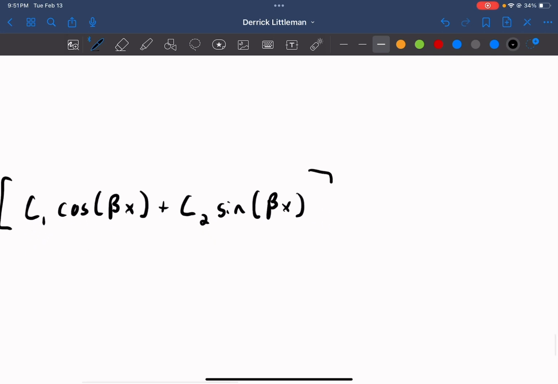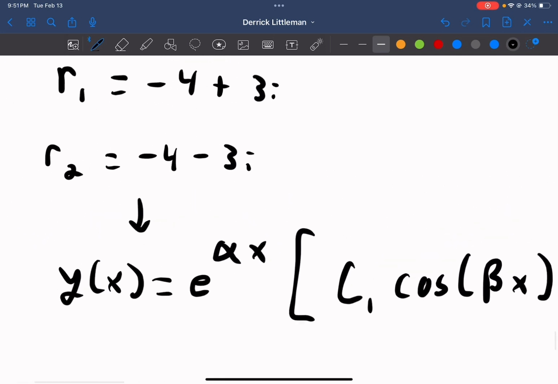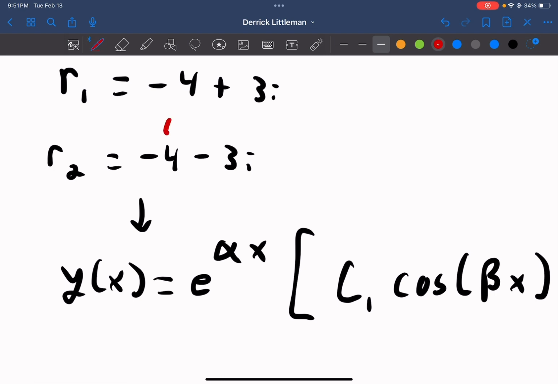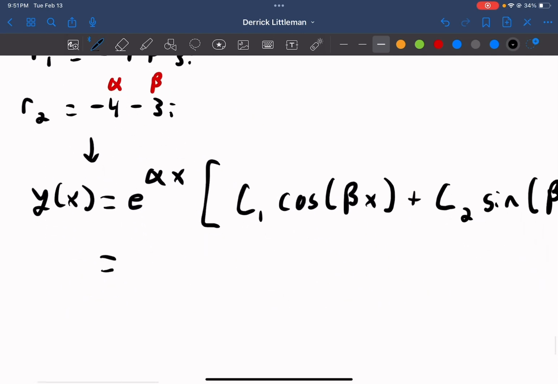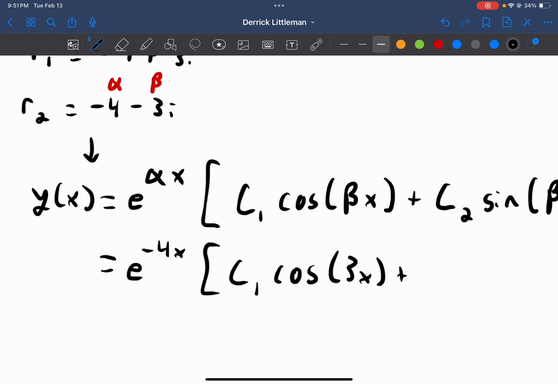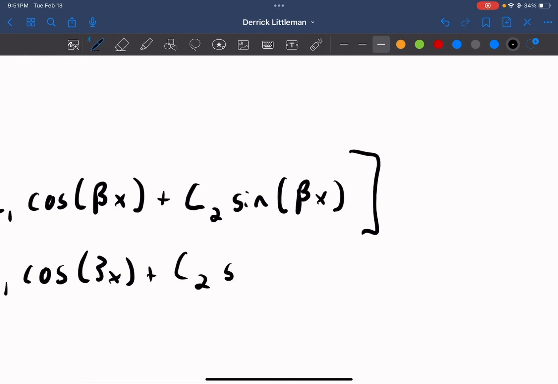Okay, and we know that this number is going to be alpha, and this number is going to be beta. Now you write down e to the negative 4x times c1 cos 3x plus c2 sin 3x.